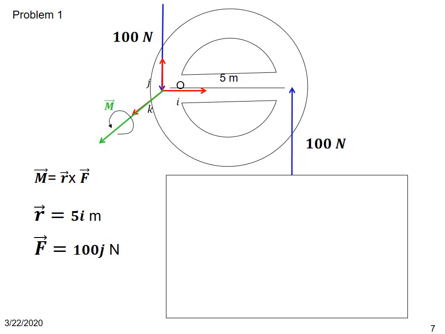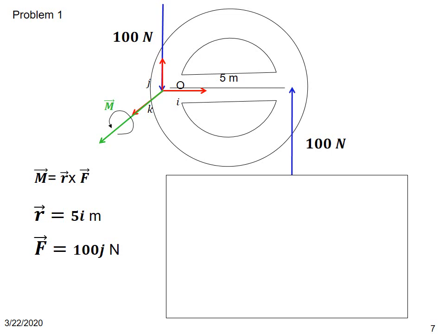So the definition of couple moment is R cross F. The force we are considering is 100 Newton acting in the upward direction, so F is 100 J acting upward.